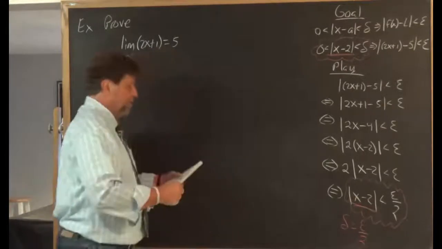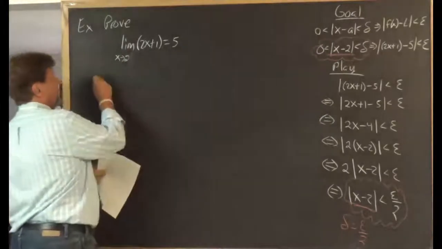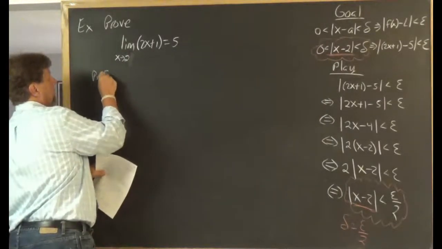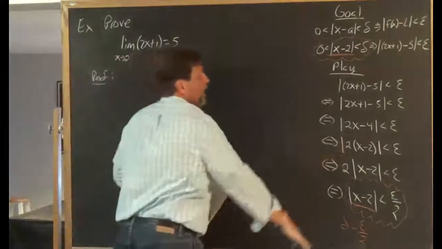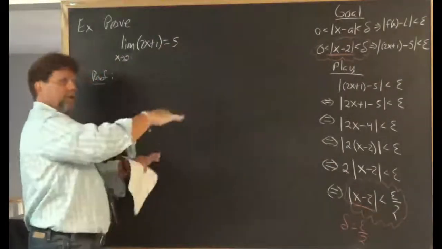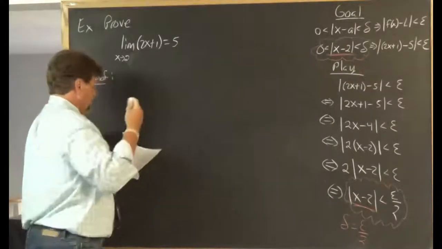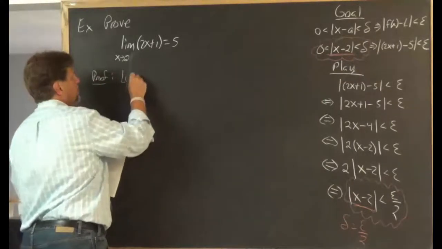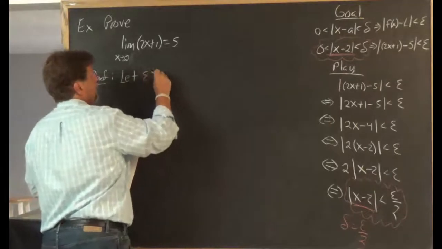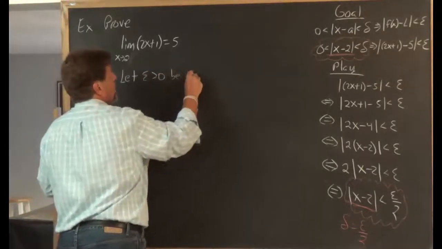And here's how every proof would start off. Well, first we write down the word proof. No one ever sees this. We do that off to the side, and then we come over here and write the proof. So you write proof, and then you write down, let an epsilon greater than 0 be given.